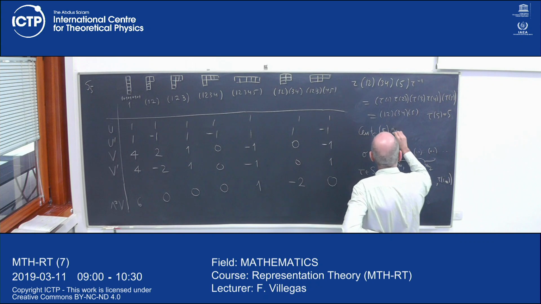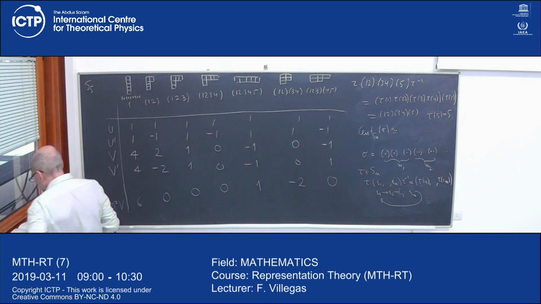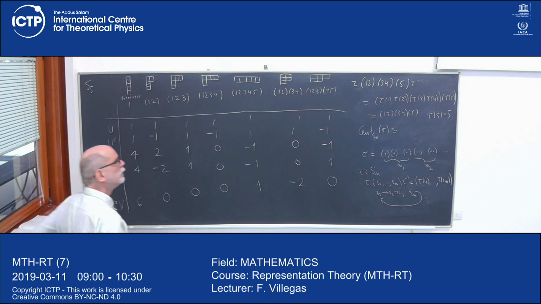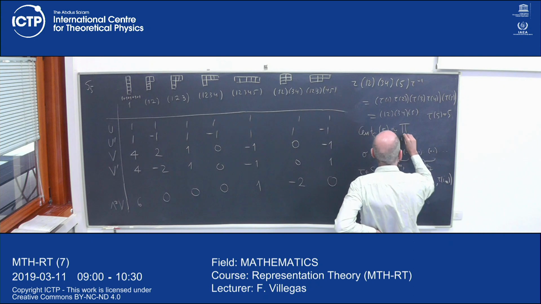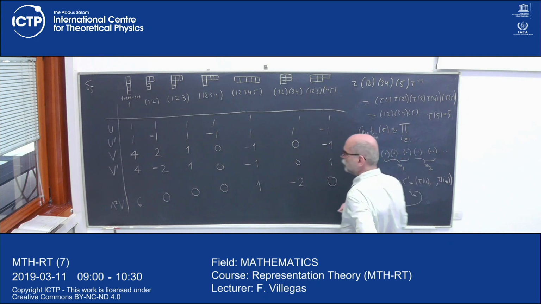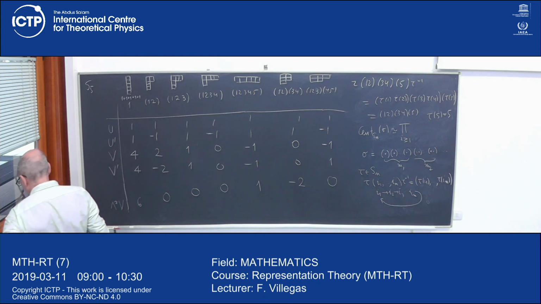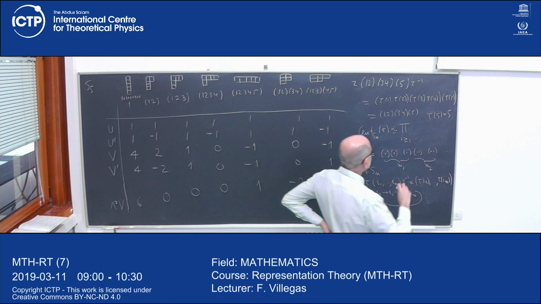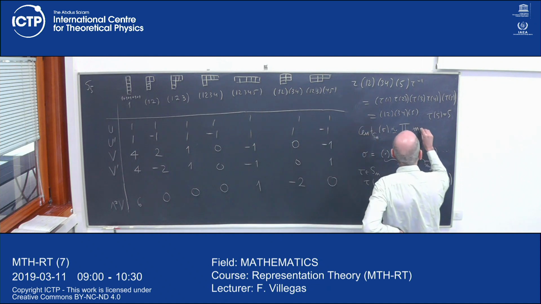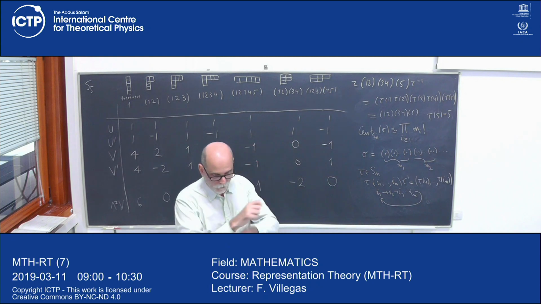is in fact the semidirect product, for every i bigger or equal to 1. I look at the cycles of length i, and there are m_i cycles of length i, so I can move them around.